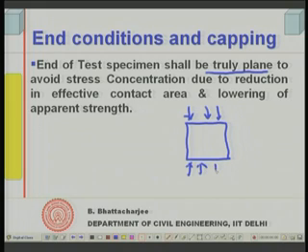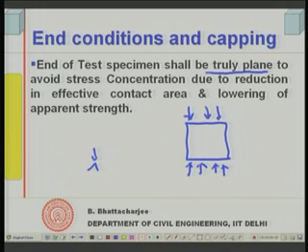This surface should be truly plane. Otherwise, what will happen? If you have some sort of undulation, the load will be applied there, and local stress concentration will be there, because the effective contact area is reduced, and through this effective contact area you are then transferring the load to a larger portion.